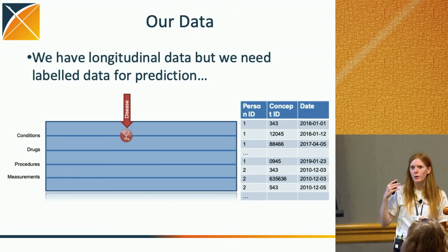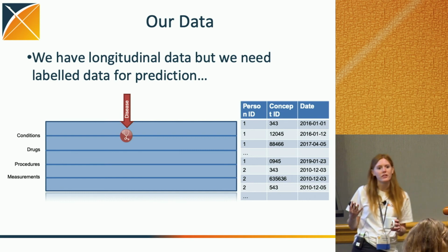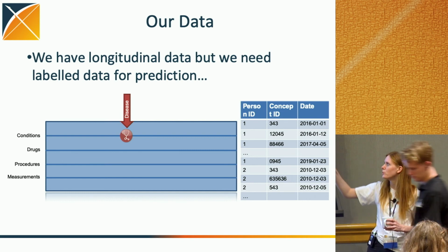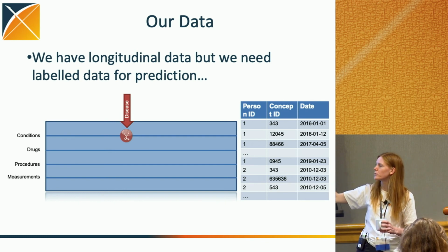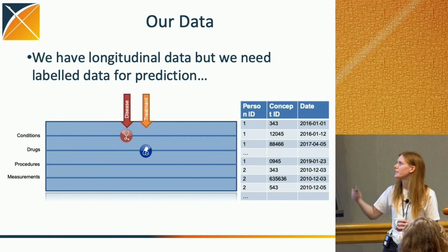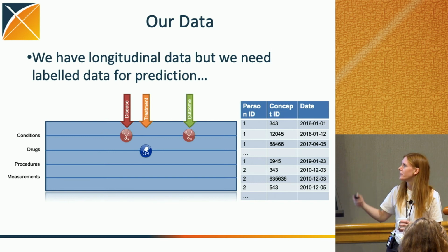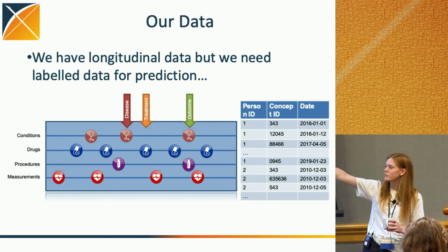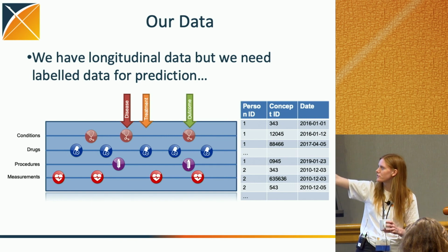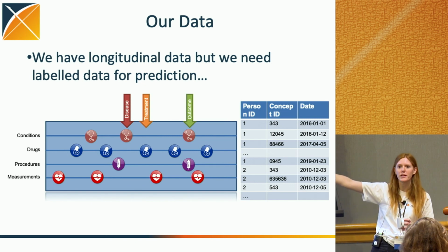So when we actually look at the data you have in the OMOP Common Data Model, you have people followed over time. So you might have a set point of time, someone comes in, they've got some disease, then later on they have some treatment, and later on they have some outcome. And you have these for lots of different types of illness, lots of different conditions, lots of different drugs, lots of different procedures, lots of different measurements.